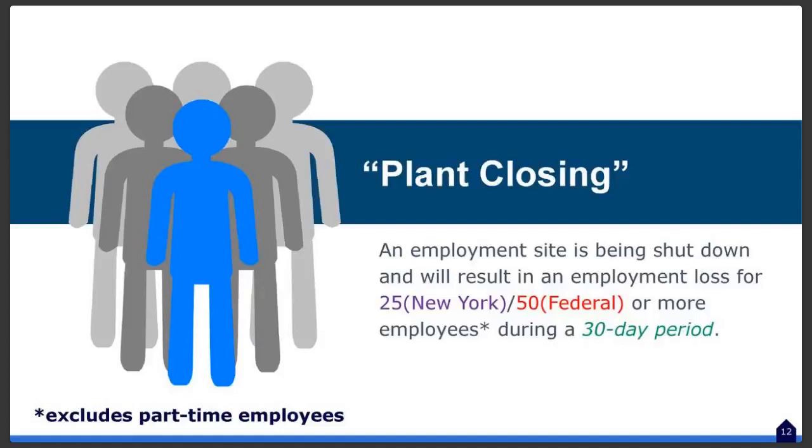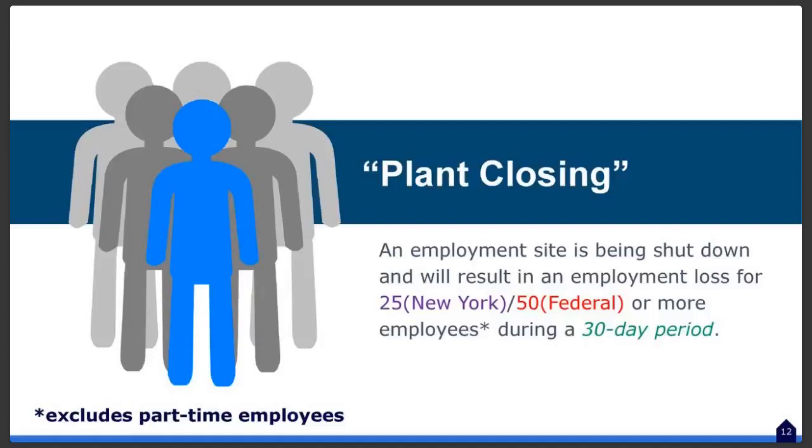So here's where we really get into determining, okay, we know there might be a situation where we have to send notices, but how do we know if such a situation exists? You're really going to be looking for plant closings or mass layoffs, as those terms are defined under the WARN Acts.